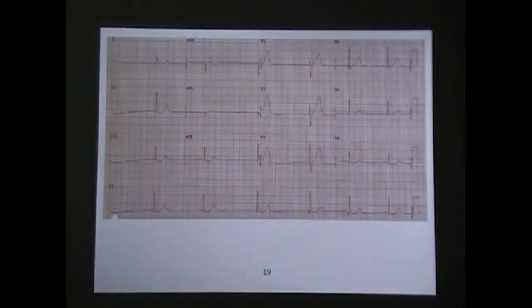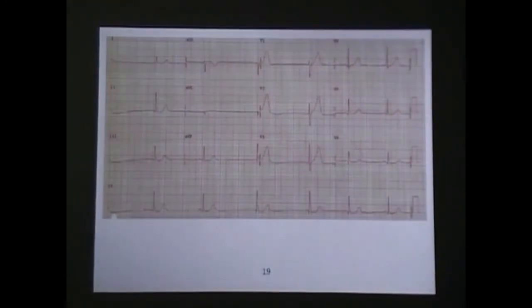So, what do we see here? It's overall slow. Do I have a P with every QRS? I don't have anything here. I do here. I don't there. I do here.